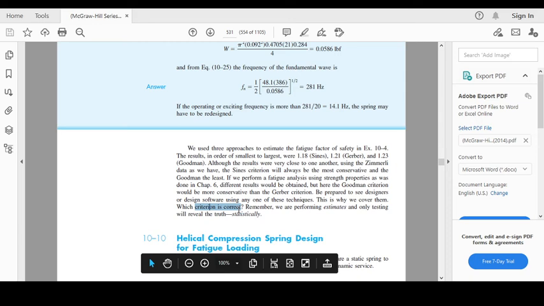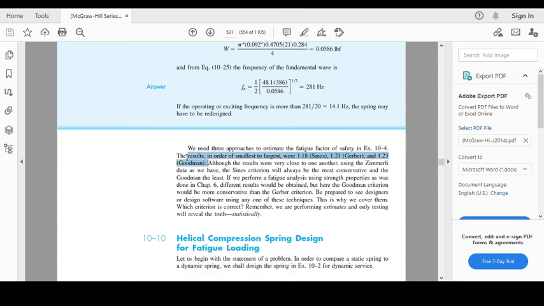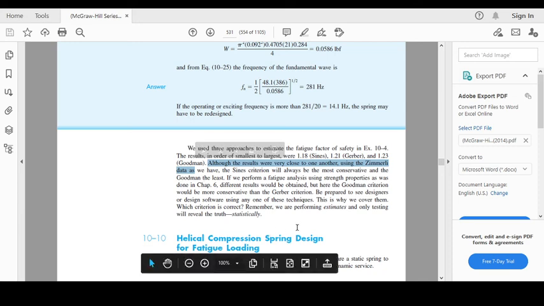Which criterion is correct? Remember, we are performing an estimate, not only testing. Whenever you use the Sines, Gerber, and Goodman results, you will have many results, and they are different from each other.